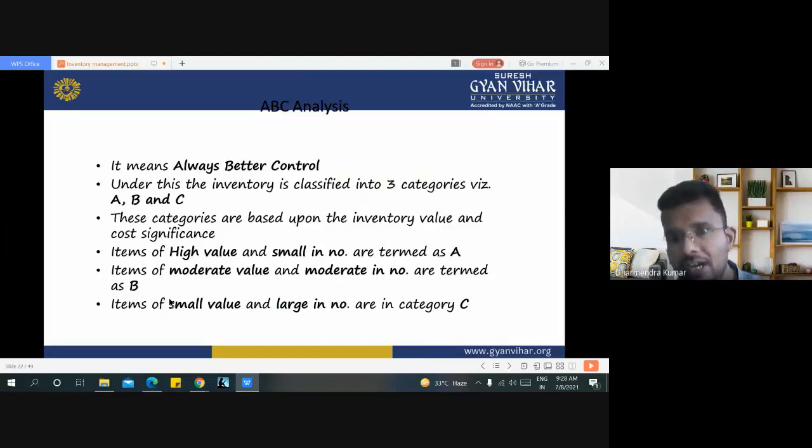In the B group, we keep items of moderate usage in any manufacturing plant, which also have moderate inventory cost. In the C category, we keep items which are generally used in the industry, but that type of component has only a small inventory cost value.